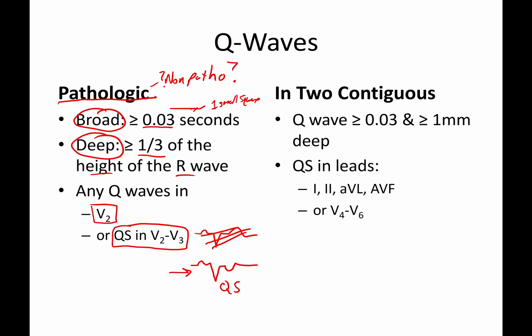Another set of things to think about is if you have any of the following in 2 contiguous leads. It's that broad and deep Q wave. If you have that in a couple leads, that's a sign that there may be an active or past MI.